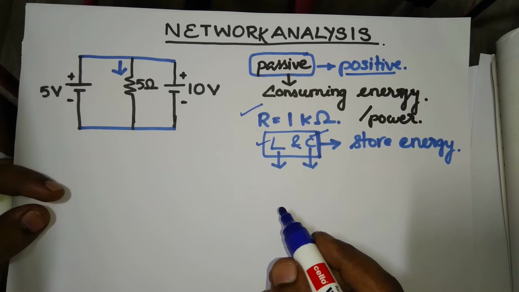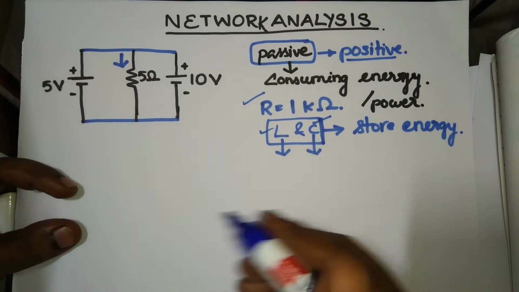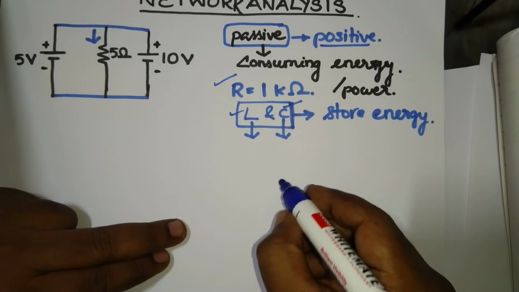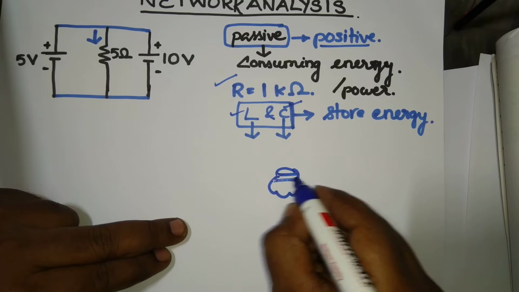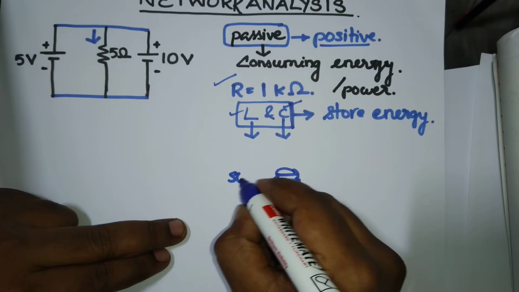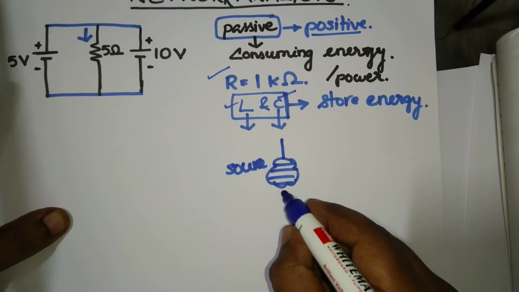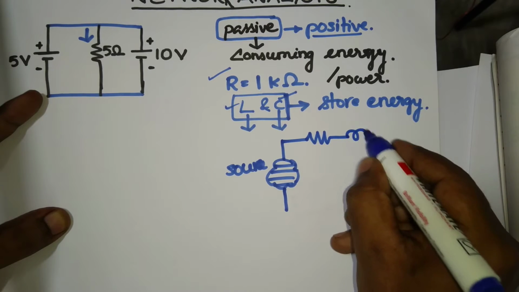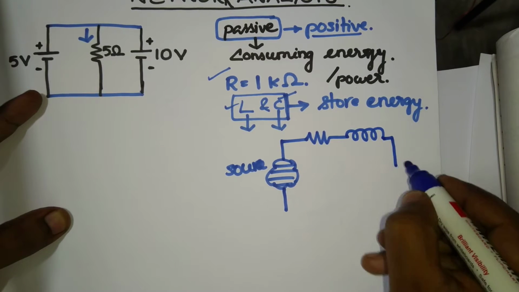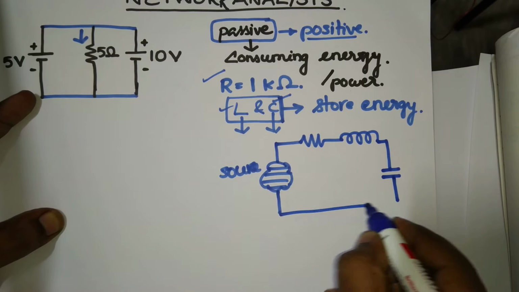And again, in the presence of an active source, for example, say I have some source here, and say you have R and say L. Let me take an unpolarized capacitor.